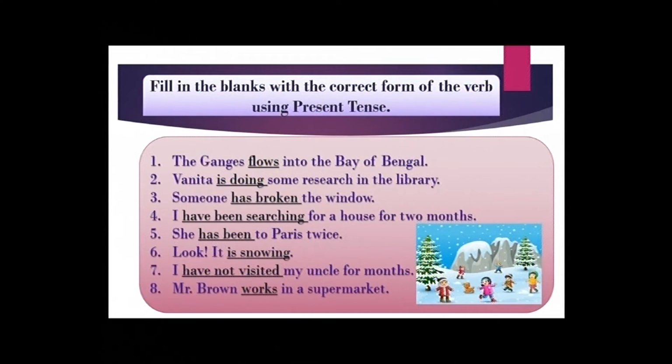Seventh, I have not visited my uncle for months. It is a negative sentence and it is from present perfect aspect.